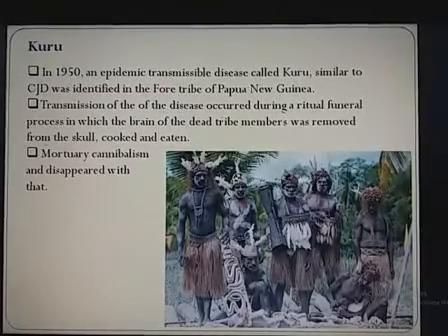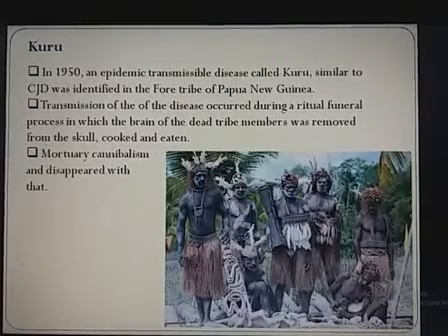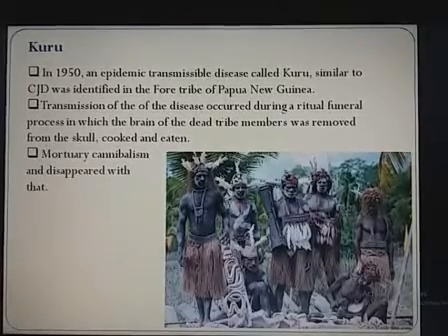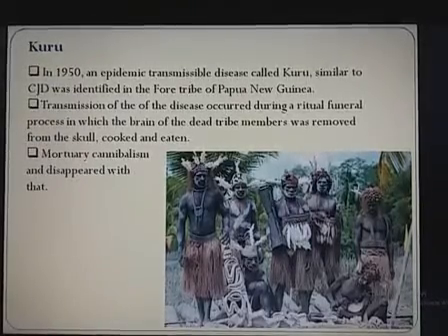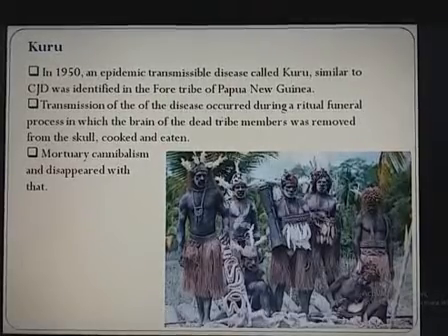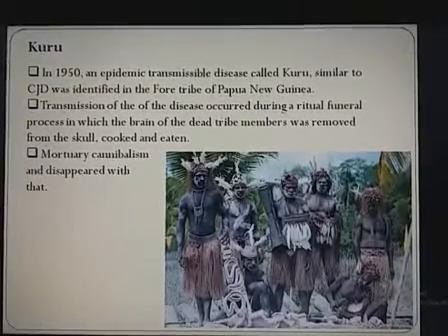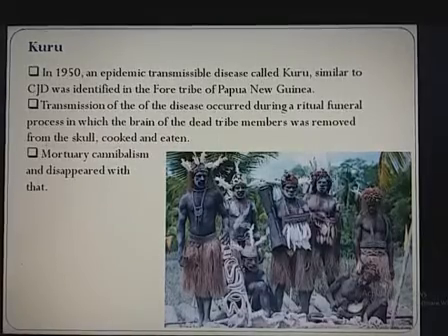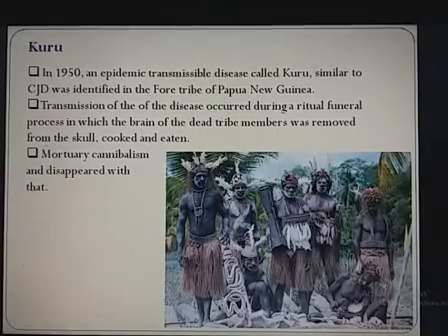So this Kuru disease is also a transmissible disease and occurred during a very strange funeral ritual in which the brain of the dead tribe members was removed from the skull, cooked and finally eaten. So it is a very strange kind of ritual found in that particular Fore tribe of Papua New Guinea, and finally that cannibalistic behavior led to the mortality of that particular tribe, and the disease finally disappeared from that tribe. Okay.